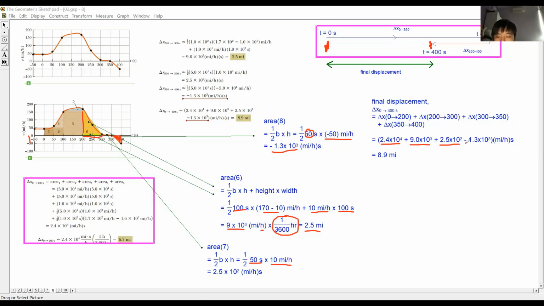And this negative 1.3 times 10 to the power 3 comes from the negative part here. So you add up all this, then you multiply with 1 over 3600, and you get the answer as 8.9 miles.